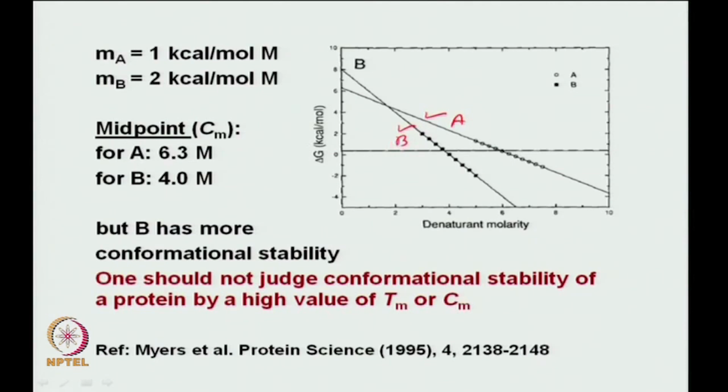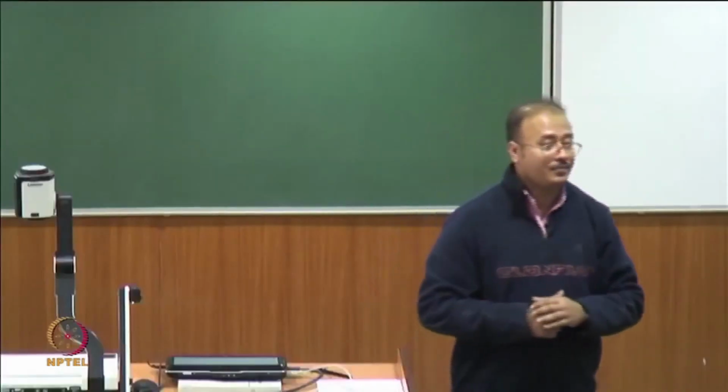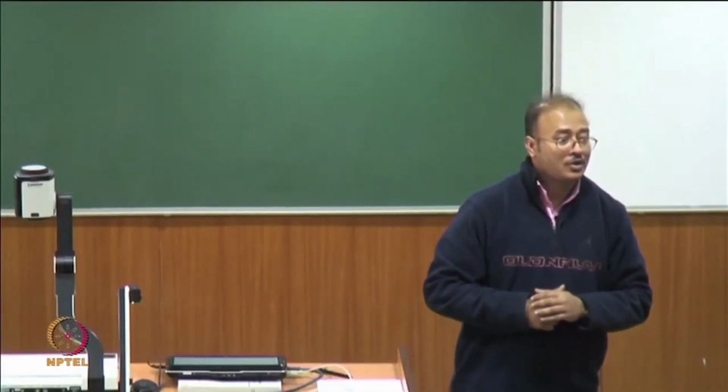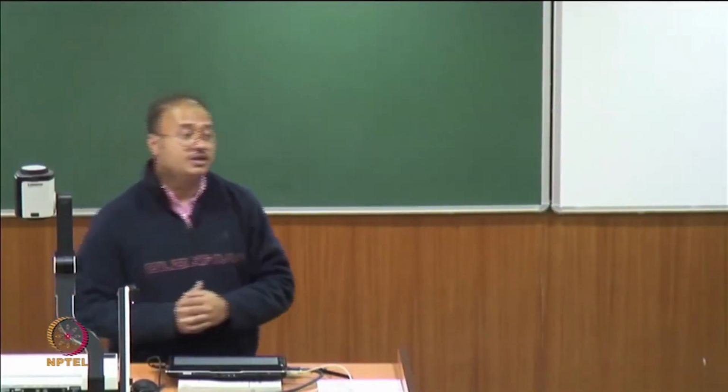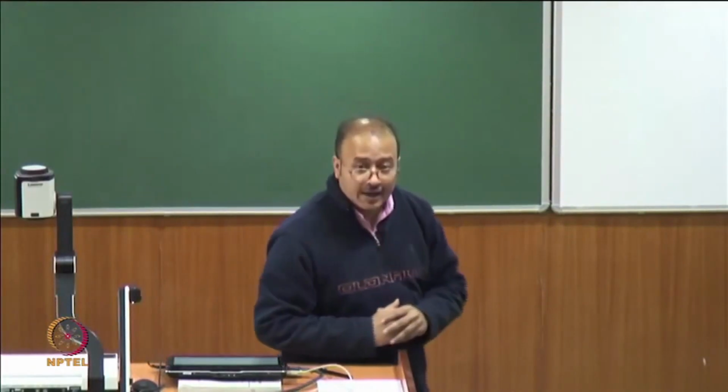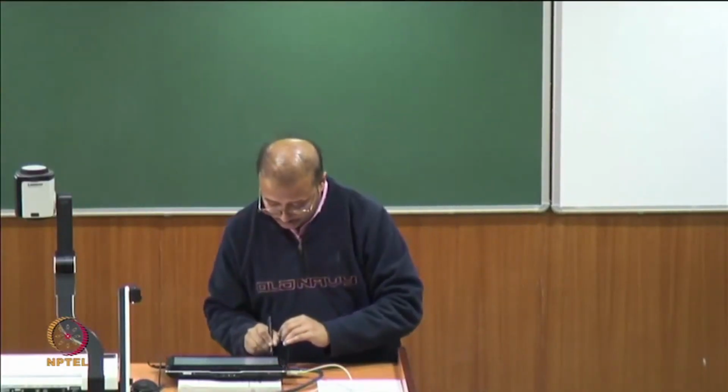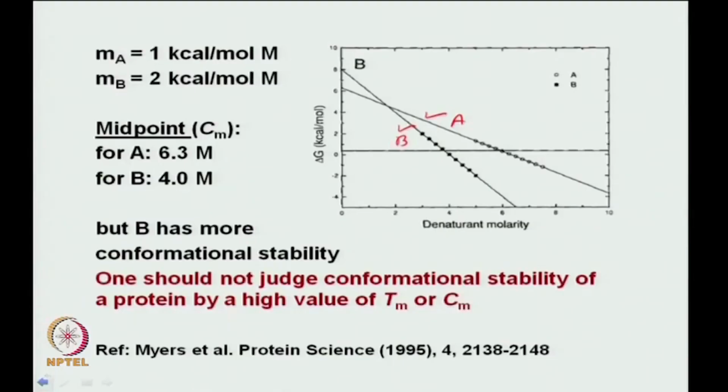You look at delta G at 0 denaturant. Which one has more stability? B has. Okay. So, again, one should not be judging conformational stability from either a higher Tm or a higher Cm.